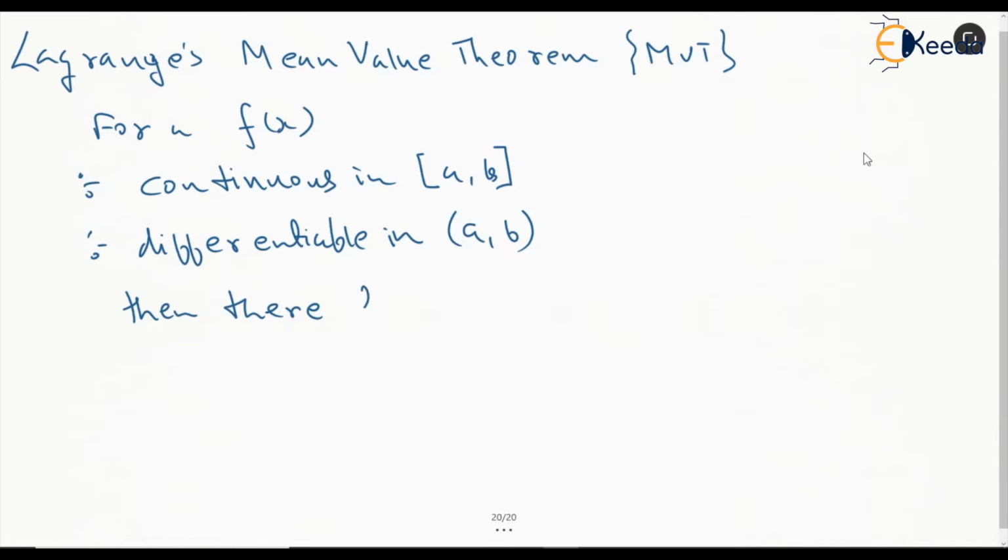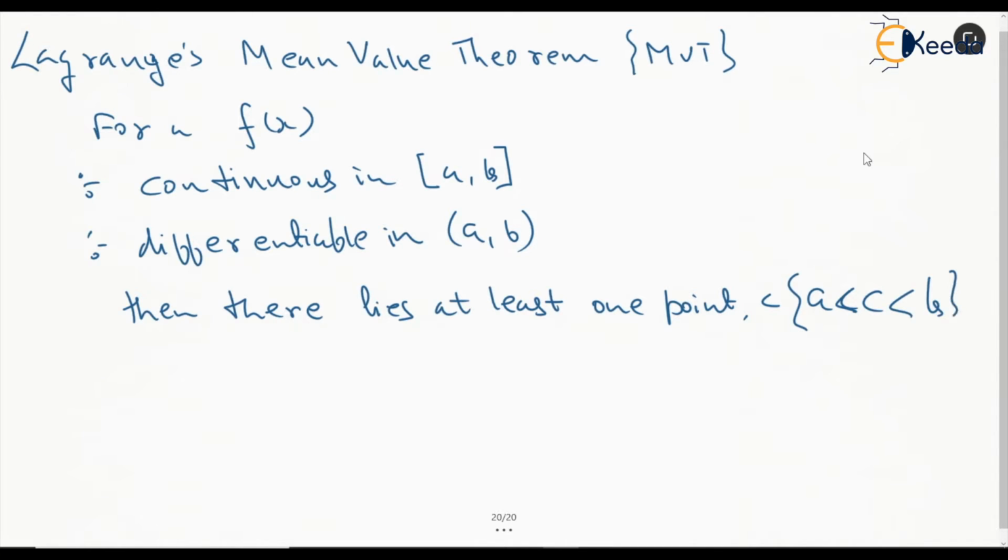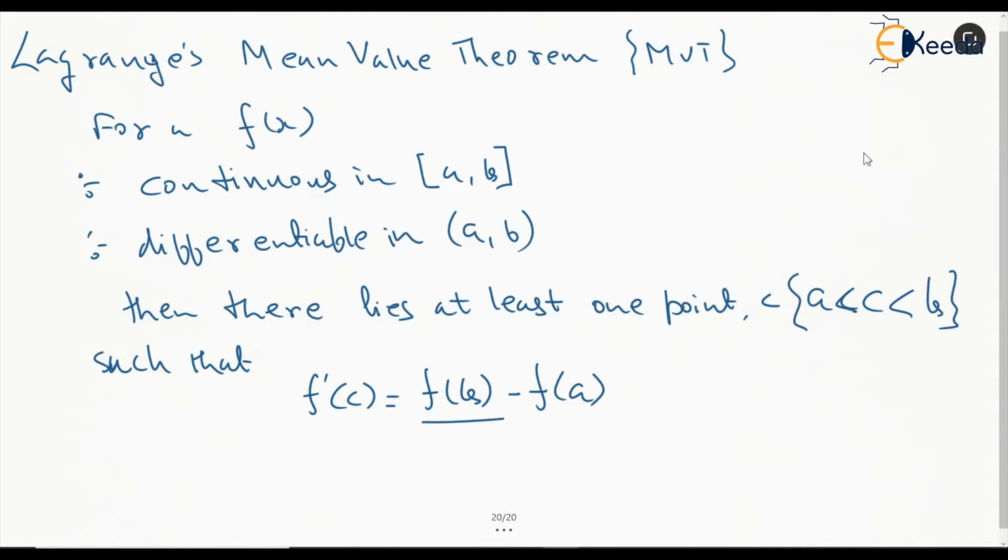there lies at least one point, let's say C, where C lies between A and B, such that f dash of C is given as f of B minus f of A divided by B minus A. Right?